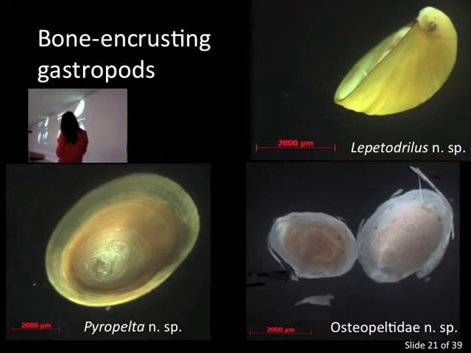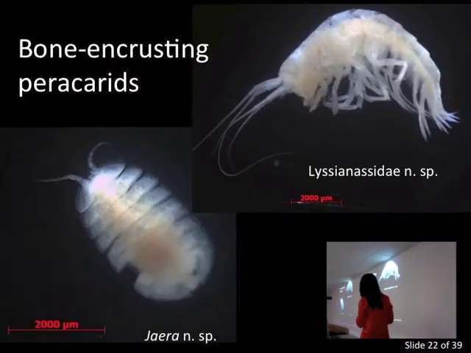So this is a new species of Pyropelta, a limpet, an osteopeltid limpet, and a lepetodrillicid limpet. And this limpet was actually found at nearby hydrothermal vents, so that shows that there's some degree of overlap between chemosynthetic ecosystems. There were also some peracarids, a lysianassid amphipod, and this isopod called Jaera.